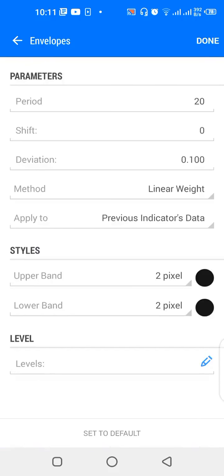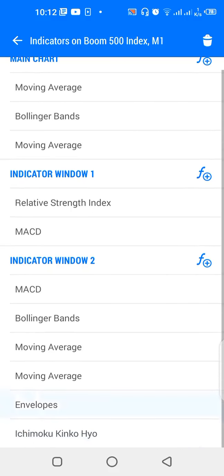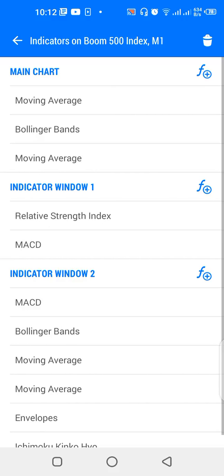Then we have Envelopes, period is 20, shift is 0, deviation is 0.10, method is linear weighted, apply to previous indicator's data, and the color of the upper and lower band is black.